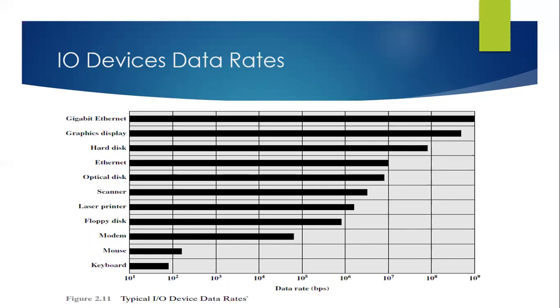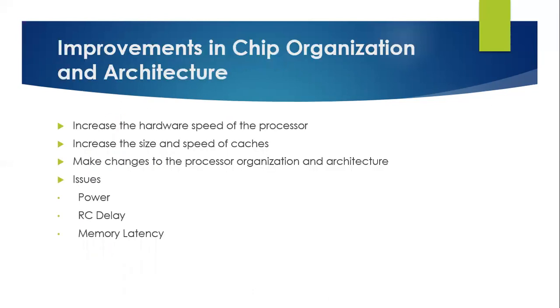In this graph, you can see the I/O devices and their data rates. Improvements in organization and architecture. Even though you have increased the speed of your processor, it does not necessarily improve the performance. So for improving the performance, organization is very necessary. You can increase the hardware speed of the processor.